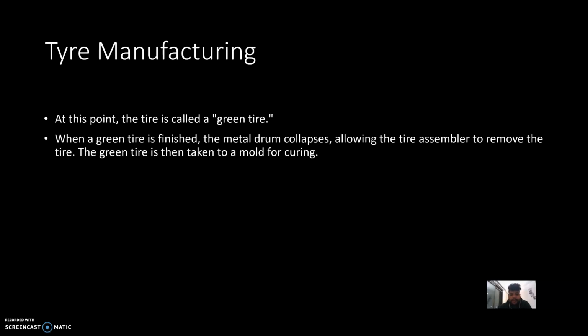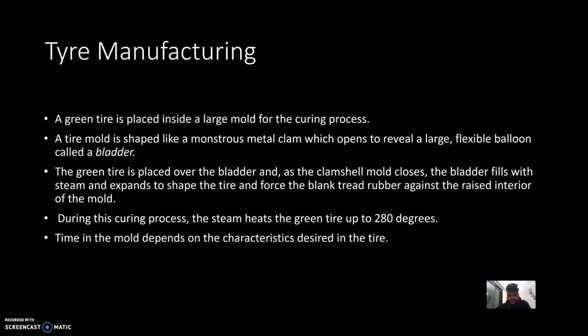The green tire is taken to the mold for curing. A green tire is placed inside a large mold for the curing process. A tire mold is shaped like a monstrous metal clamshell, which opens to reveal a large flexible balloon called a bladder.